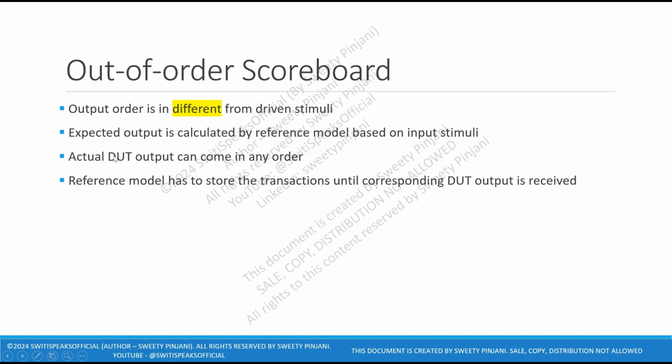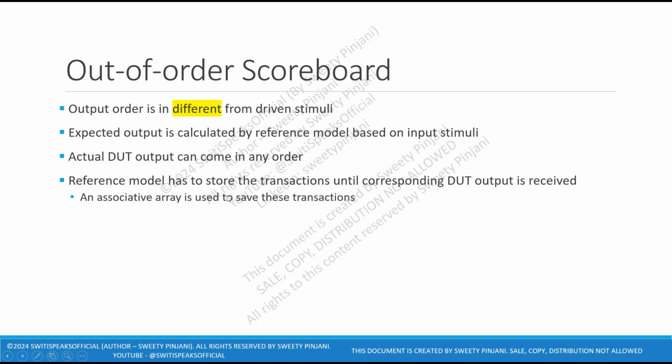Now, since the actual output can be in any order, it's not sure that the expected output calculated from the reference model will be in the same order as your actual output. In such a case, your reference model has to store the transaction, this expected output, until it receives the corresponding actual output. Because until you get both expected and actual output, you can't compare them.